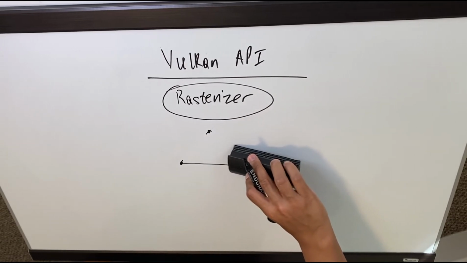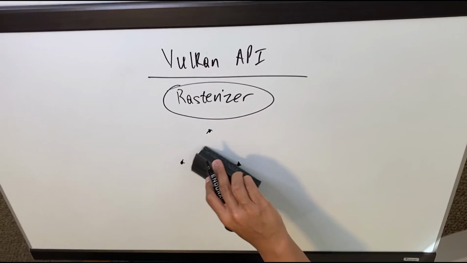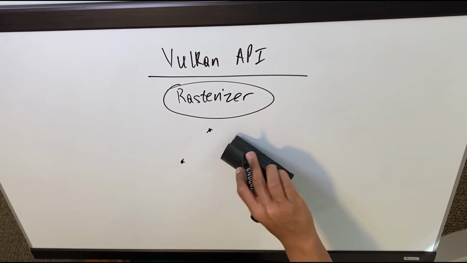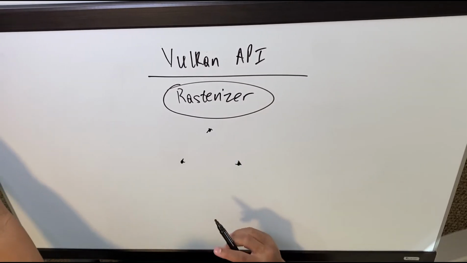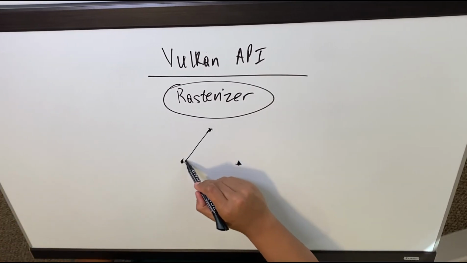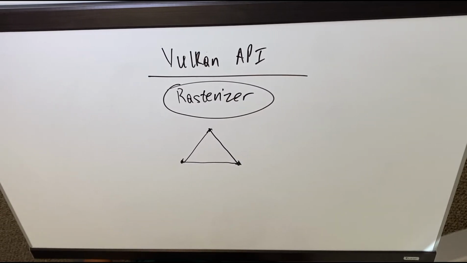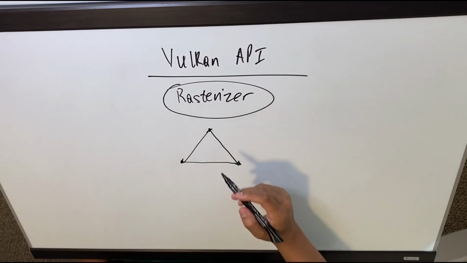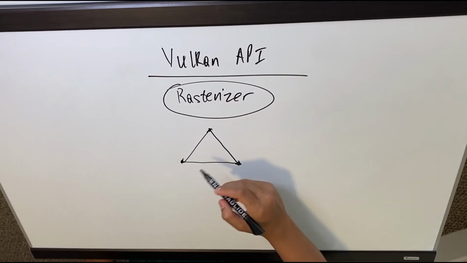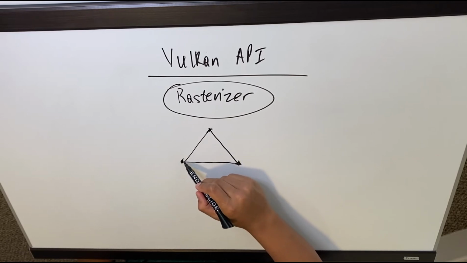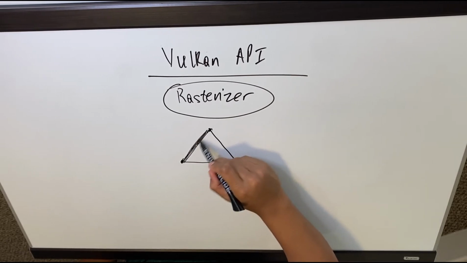So the Rasterizer basically dictates that we're going to connect these vertices with a line, and that is going to be a triangle, right? So that's one way of looking at it: you have vertices and then you connect them with a line. Now you could also tell the Rasterizer, make the lines thicker. I want the lines to be really thick.